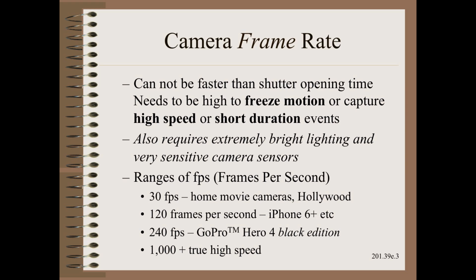The new iPhone is a bit faster, but not so easy to work with in a machine environment. What is a nice compromise between affordable and capable is a sports camera. Specifically, the new Black Edition GoPro Hero 4 boasts 240 frames per second. Of course, if you have the need and money, you could get a true high-speed camera that can capture thousands of frames per second.